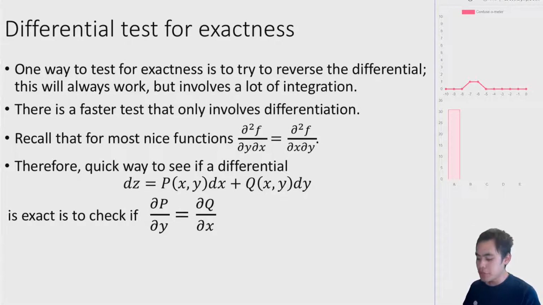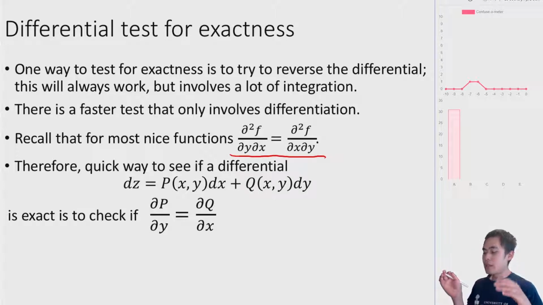So recall that for most nice functions, the second order partial derivative del squared f del y del x is equal to del squared f del x del y. So if you flip the order of the partial derivatives, for most nice functions, those are equal. And it turns out that a quick way to see if a differential dz is equal to p of xy dx plus q of xy dy is exact is to take the partial derivatives del p del y and del q del x.